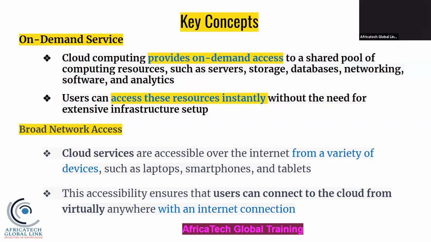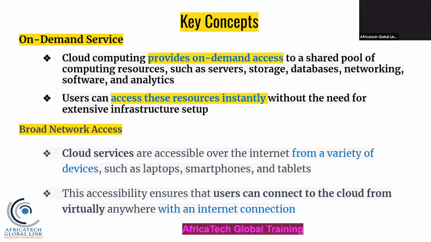Broad network access. Cloud services are accessible over the internet from a variety of devices. You can use any tools like laptops, smartphones, even tablets to access your stuff. You can go on the internet, you can shop on the internet with your phone, you can do a lot of stuff. So you don't need only a computer.